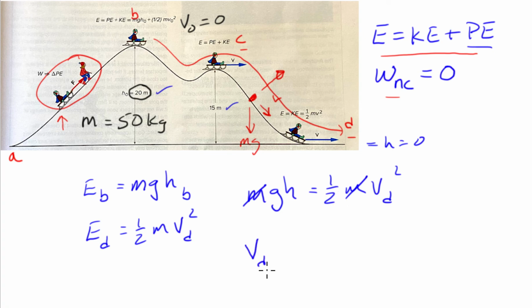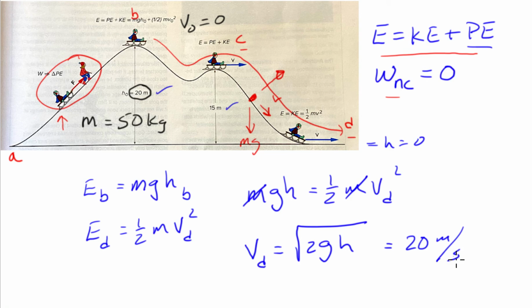So the velocity at the bottom in one swoop is equal to the square root of 2gh, and h here is how high he started up there, 20 meters. So let's just get an answer to this and then I'll wrap this up. So 2 times 10 is 20, times 20 is 400. And then you've got to take the square root of 400. That comes out to be 20 meters per second.